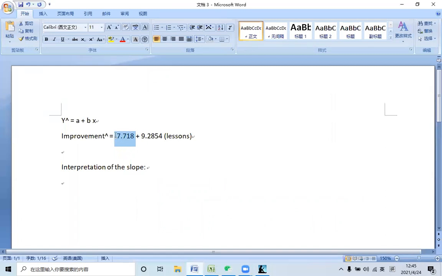If you don't take any lessons, so if this here is a 0, and then this part is all gone, your improvement is going to be negative. That is what happens. It's a prediction of what happens if you don't take any of those lessons. Interpreting the slope.